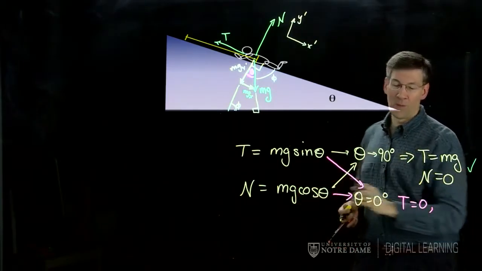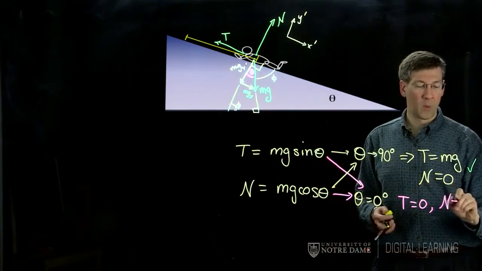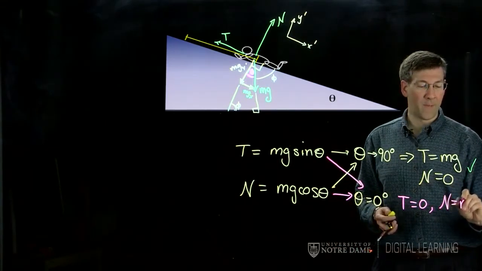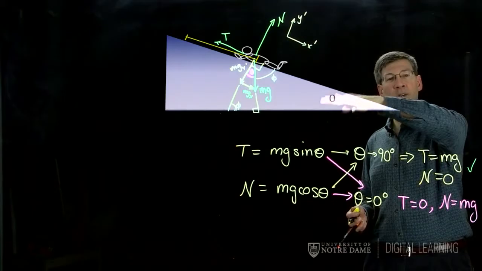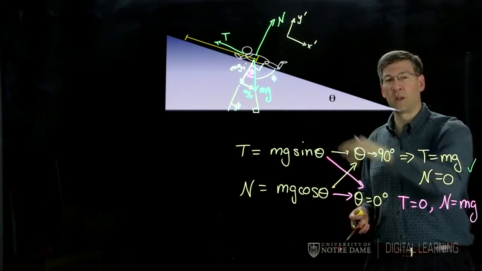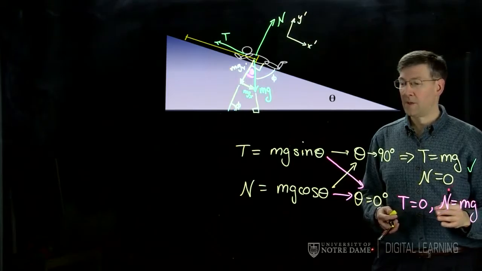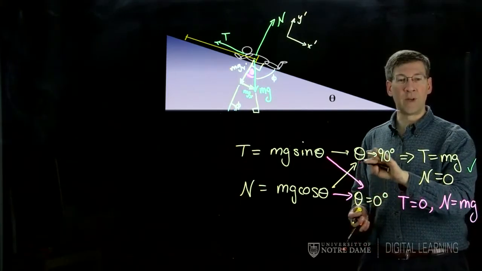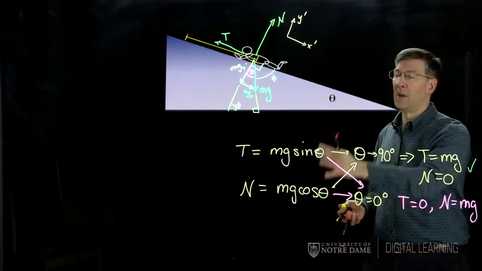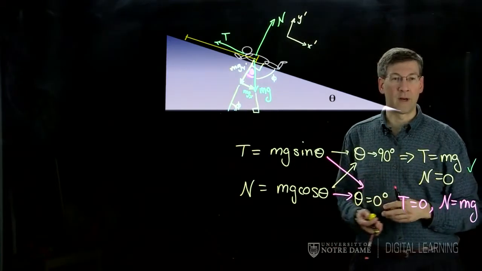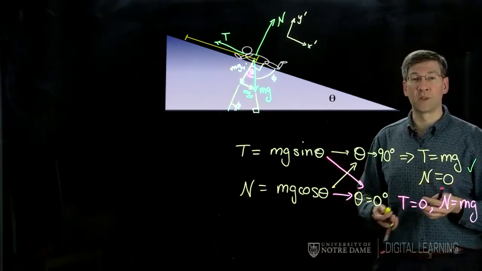And then the normal force goes to the weight of the climber. Cosine theta goes to 1. And so that makes sense too. If I flatten this out, then all the climber is doing is just sitting there on the ground, and so the normal force has to support all of the weight of the climber. So just by looking at these two limits, we can see that this trigonometric expression that we derived actually makes sense when we consider the physics of the situation.